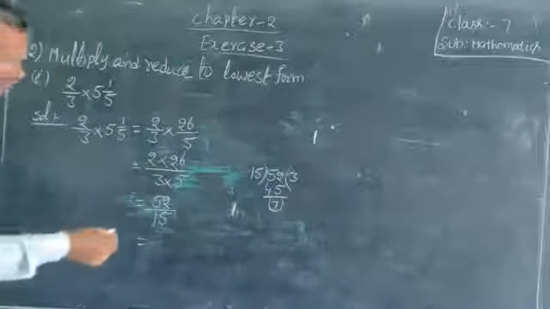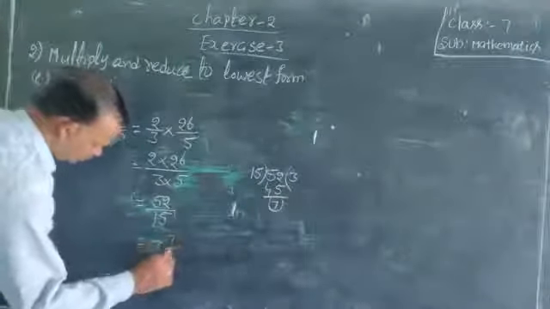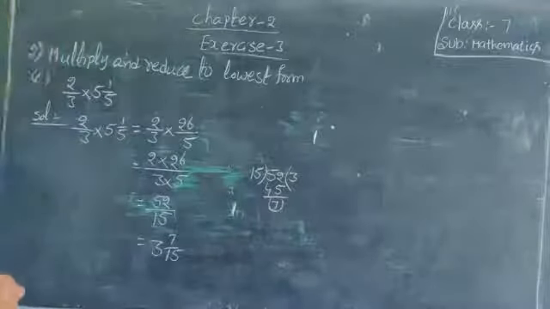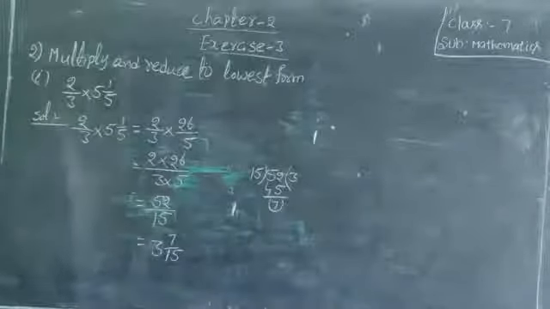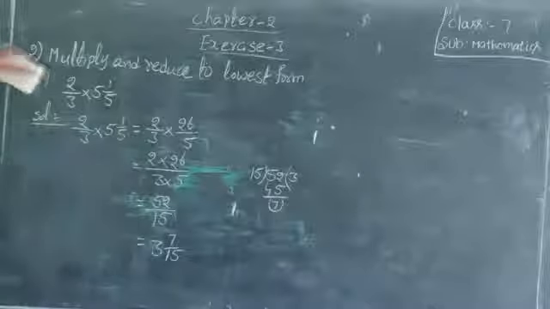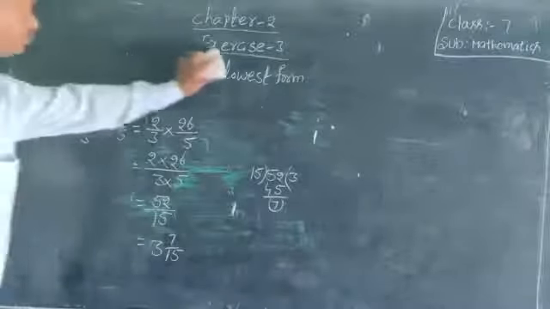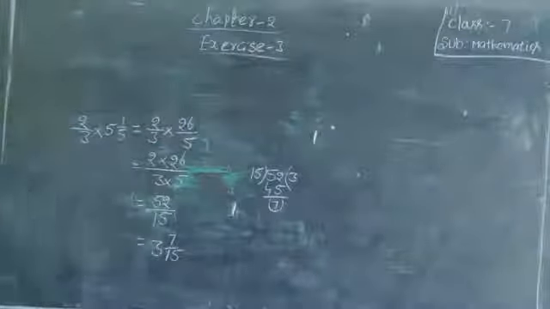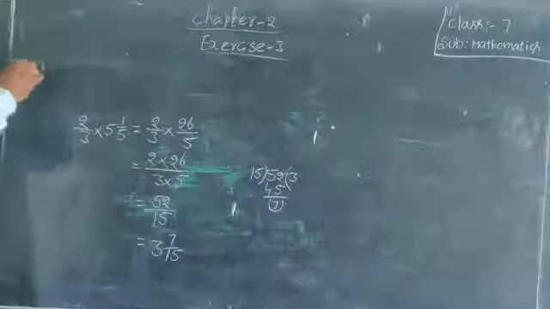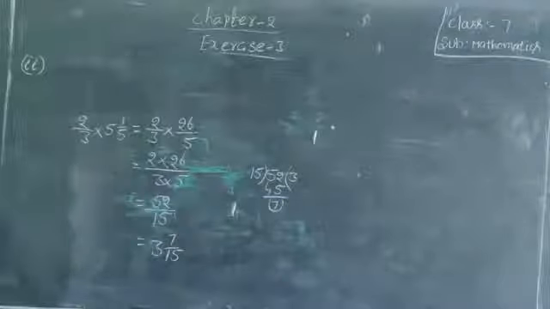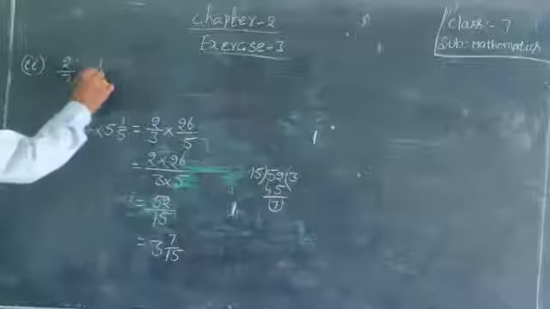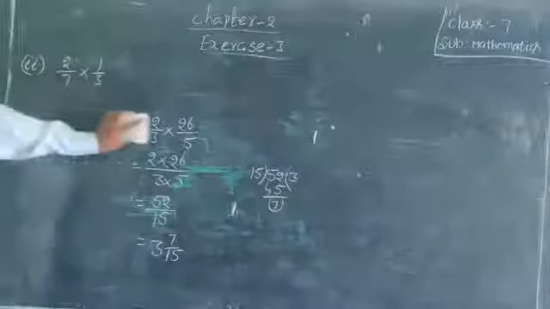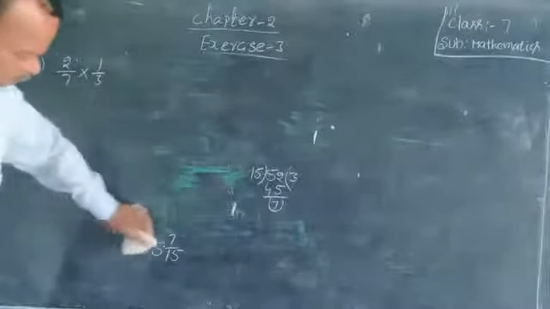So the mixed fraction is 3 7 by 15. Next, second one is 2 by 7 into 1 by 3.